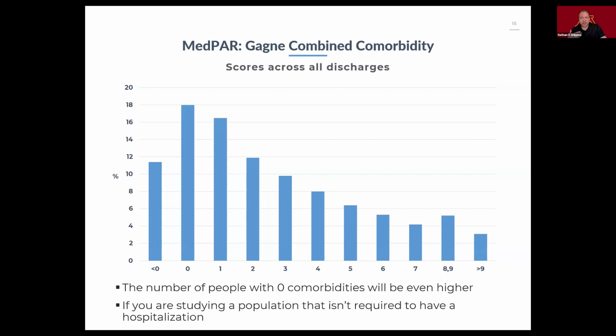But it's important for us to realize the implications of what happens when we make these choices with administrative data. It's also a really good illustration of why we might want to not automatically assume that utilization equals need in any population when you're looking at administrative claims. So those are just some considerations.